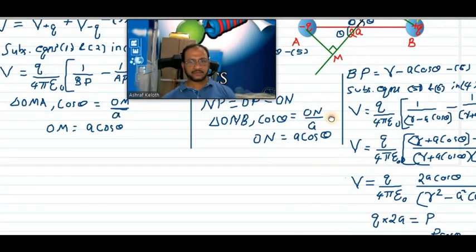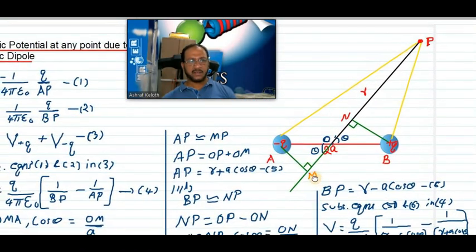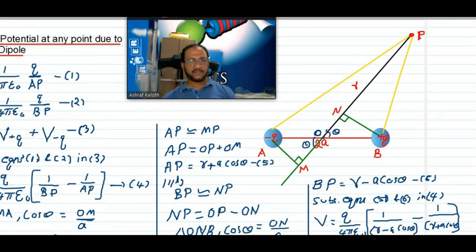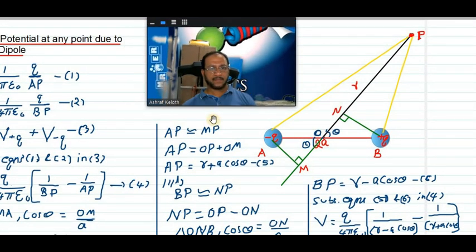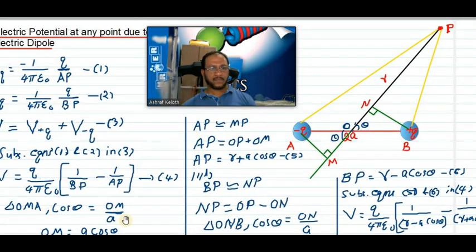Now, the final equation we obtain for electric potential at this point P is V equal to 1 by 4 pi epsilon naught.